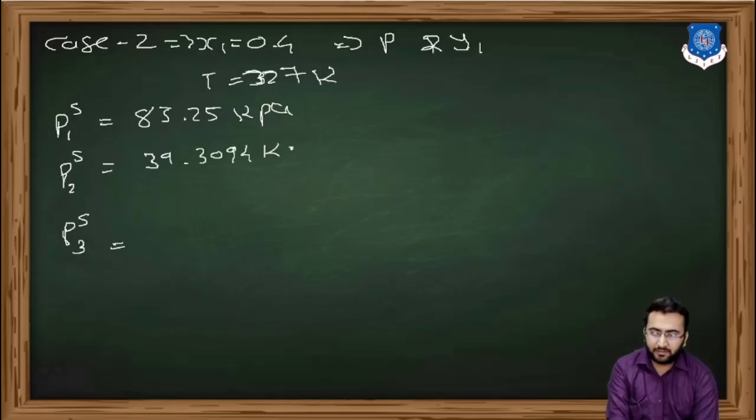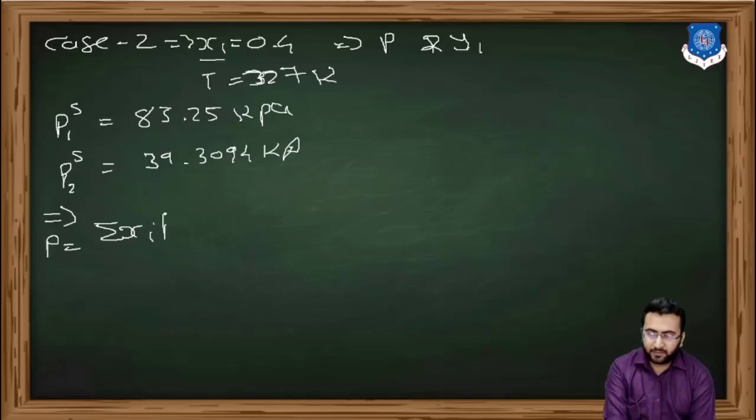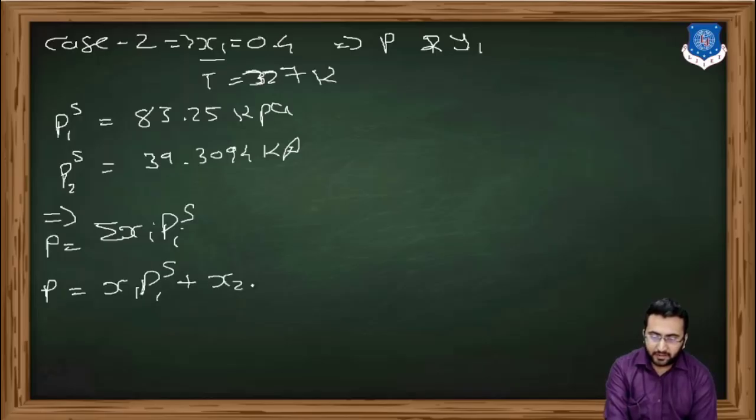There is no P3, as there are only two components, so we do not need P3s. In case 2, the value of x1 is given, so we have to use the bubble point equation, P is equal to summation of xi Pi saturated. For two components, this equation becomes x1 P1 saturated plus x2 P2 saturated. Now the value of x1 is 0.4.